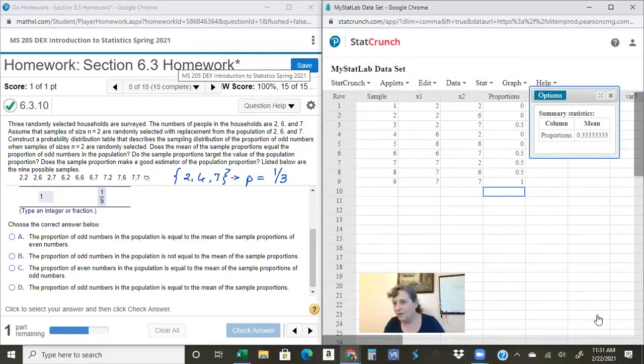The mean is 0.33333. So the mean of the p-hats is 0.3333. 1/3 we know is 0.3333. So they are the same.